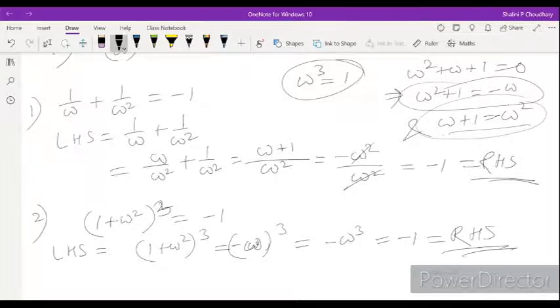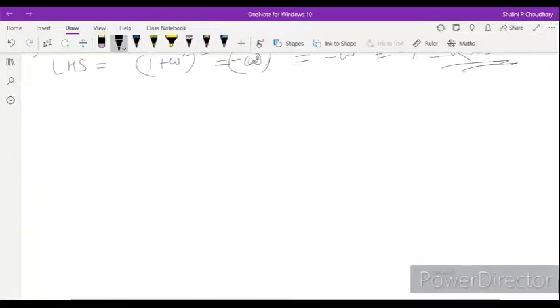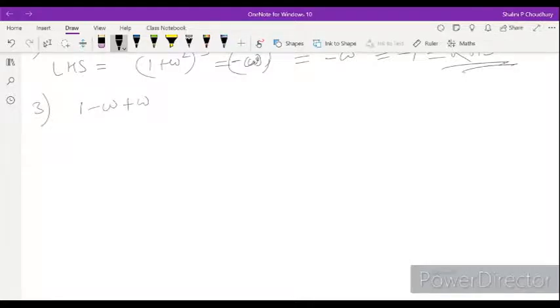Okay, now next question we will do. In the next, we have to prove that (1 minus omega plus omega square) to the power 3 is equal to -8. So what we will do here, we will take LHS, and that is equal to (1 plus omega square minus omega) to the power 3.